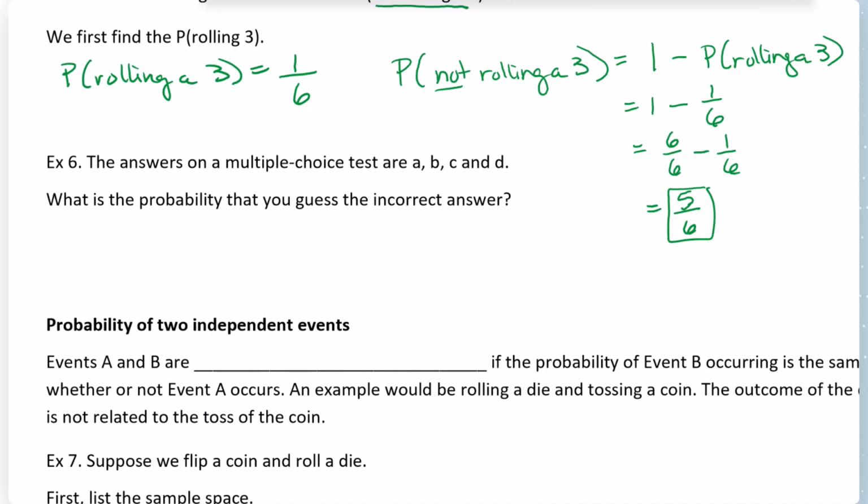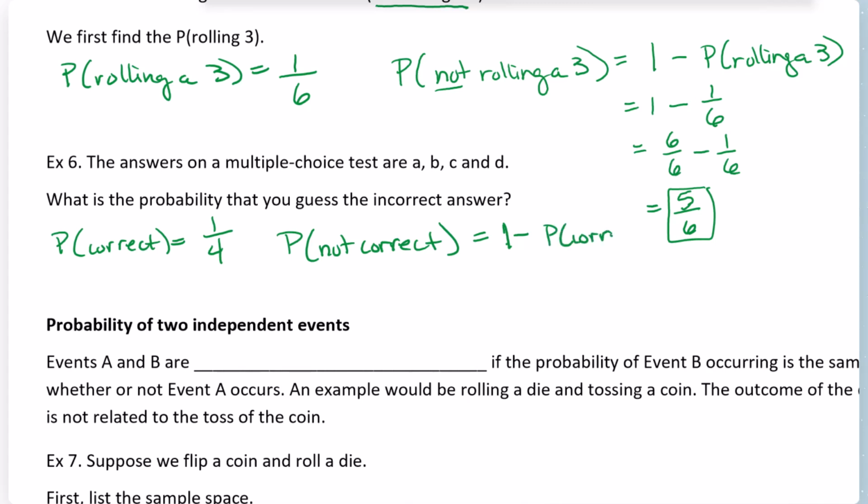Example 6, the answers on a multiple choice test are A, B, C, and D. What's the probability you guess the incorrect answer? We have already looked in a previous video at the probability of correct: 1 of the 4 is correct. So then the probability of not correct is going to be 1 minus the probability of correct, because it's either correct or not correct.